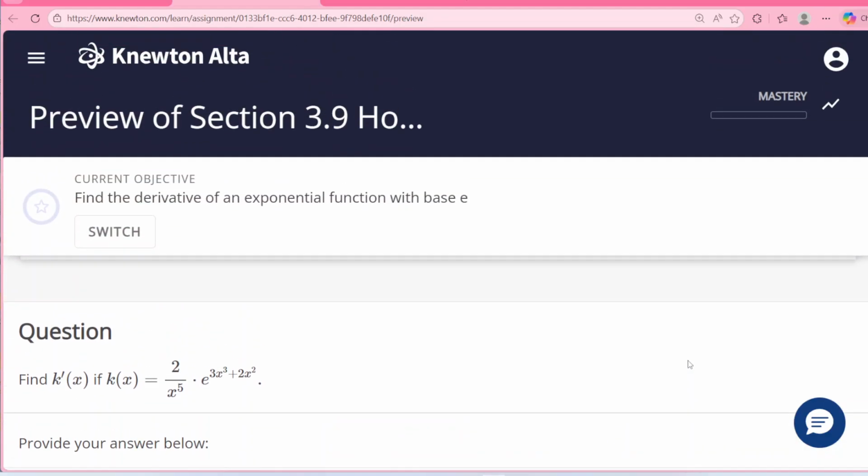All right. So before I go into these questions, I want to talk about the title of the assignment, derivatives of exponential and logarithmic functions. And I'm just going to get all the rules out right away, and then we'll start using them.